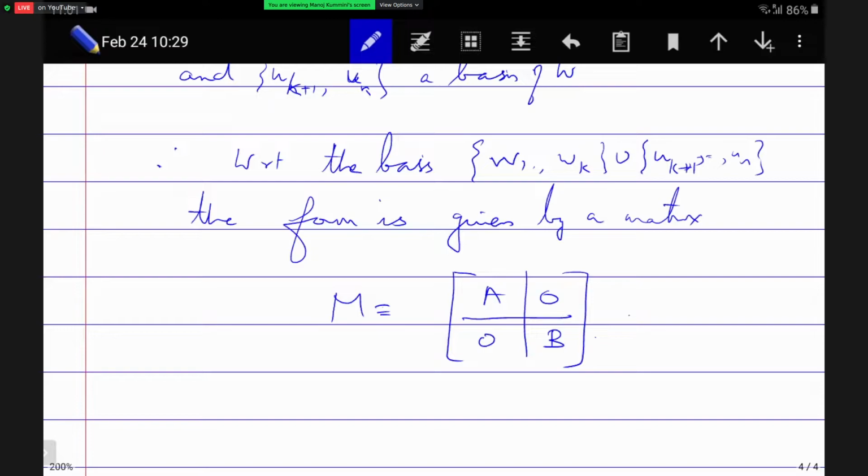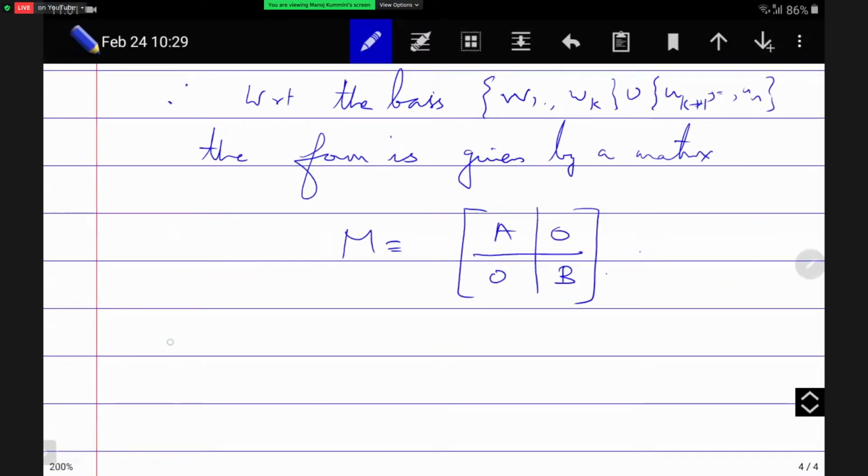So far, I've just used the setup of the previous part, which is that the form is non-degenerate on W. Therefore, V is a direct sum. Now we will use the rest, which is that since the form is non-degenerate on V, M is invertible.